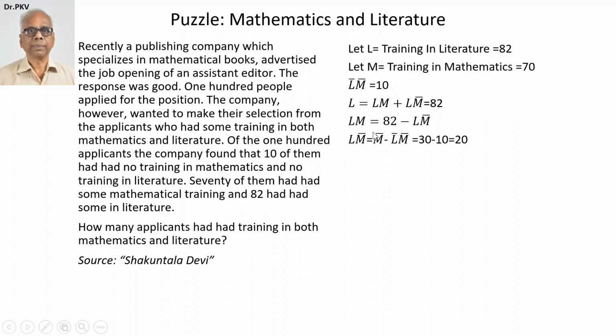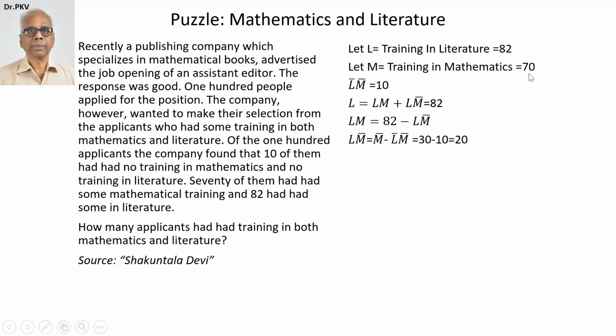In other words, people without mathematics training, minus those with no training in maths as well as no training in literature. So you put 1 minus L bar here and simplify. It is equal to M bar minus L bar M bar.